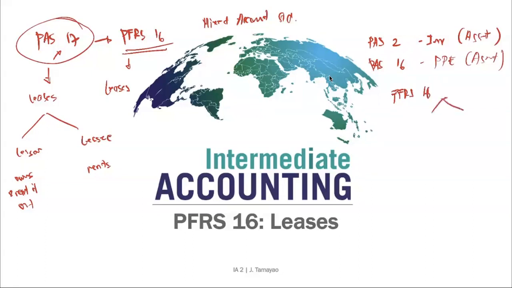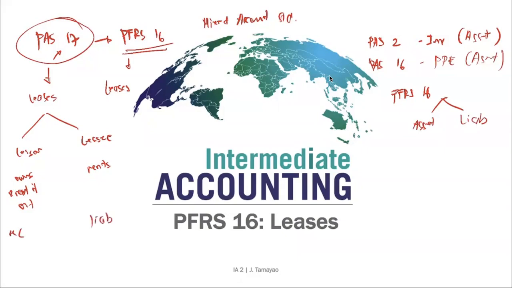Why? Because it provides for two accounts, an asset and a liability. Again, it is a two-party contract. Of course, the lessor has a receivable and the lessee has a liability.